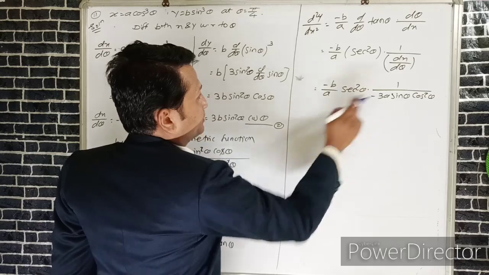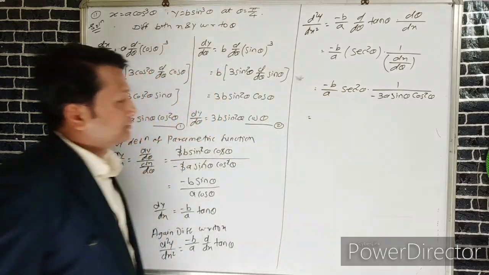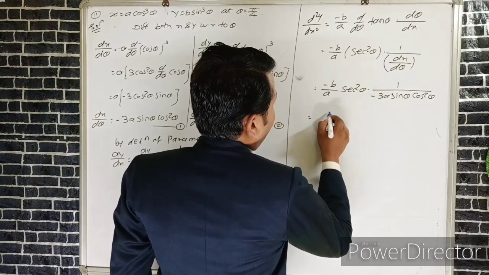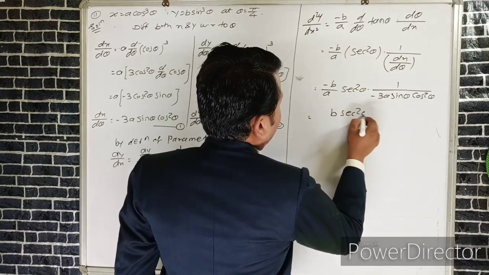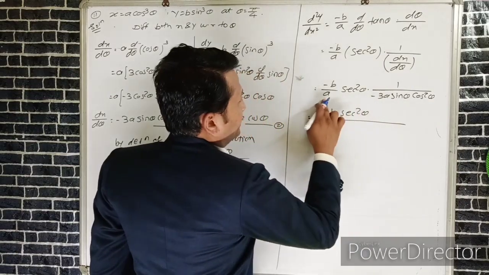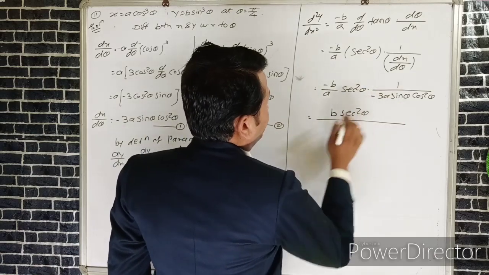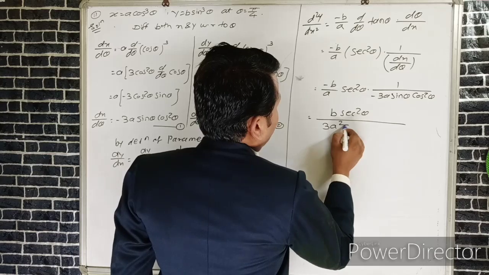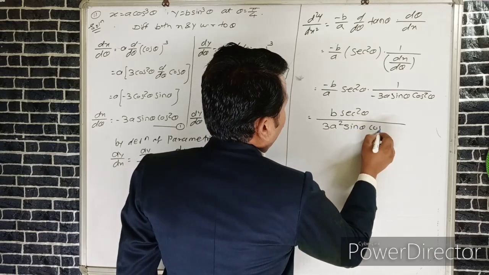Here minus minus becomes plus. We can write it as b sec square theta upon a into 3a, which is 3a square sin theta into cos square theta.